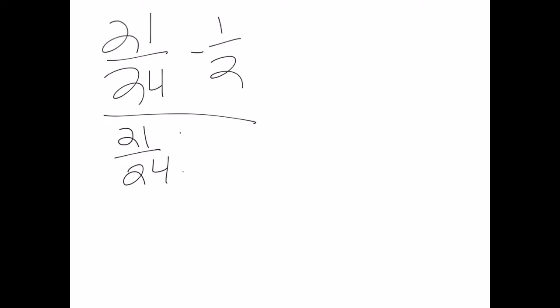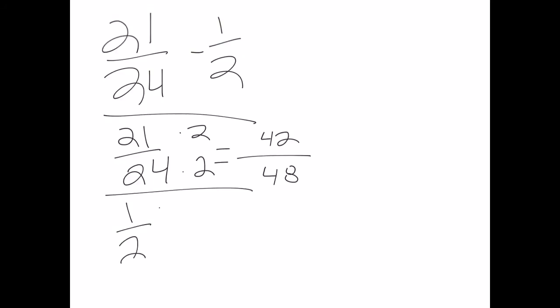So I'm going to multiply 2 into 21 over 24 and 24 into 1/2. So multiply these by 2, and you would get 42 over 48. Then multiply 1/2 by 24, and you would get 24 over 48.